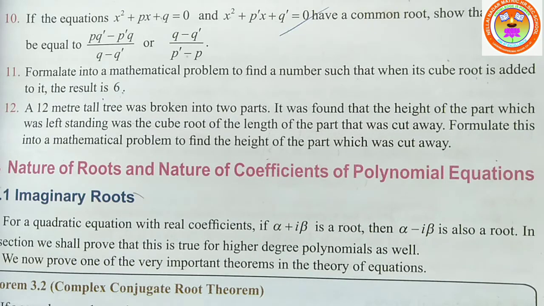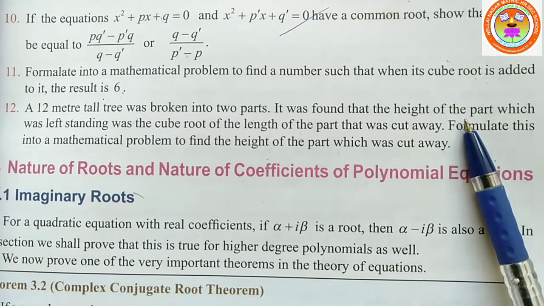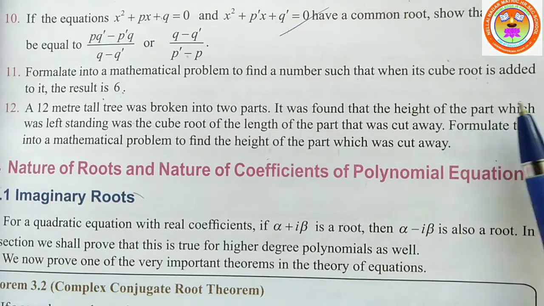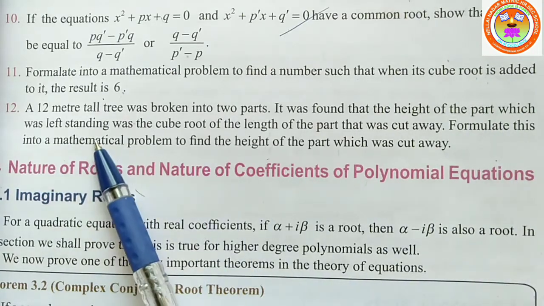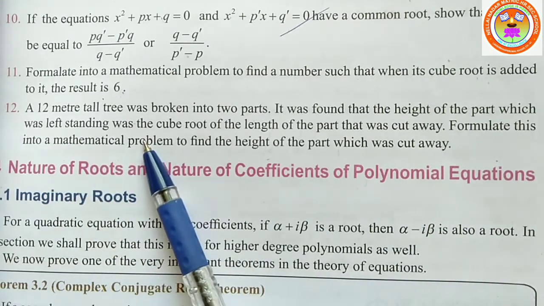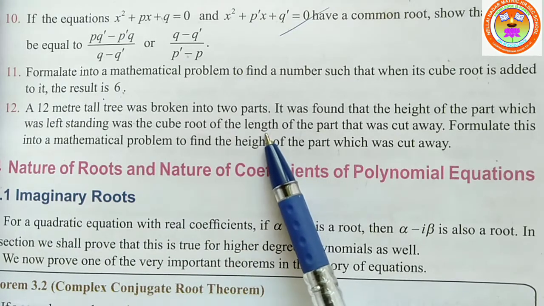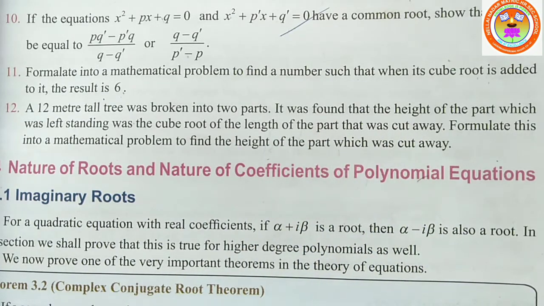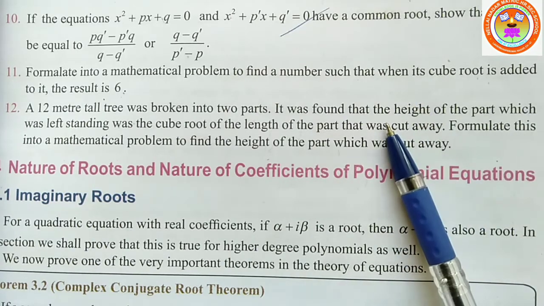But it is given that the height of the part which was left standing was the cube root of the length of the part that was cut away. So this is the main concept, right?